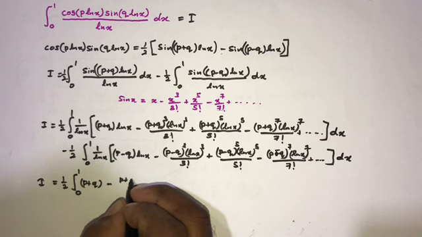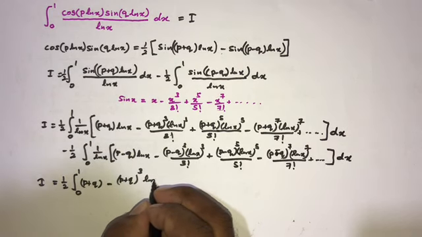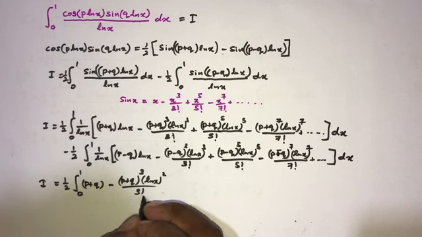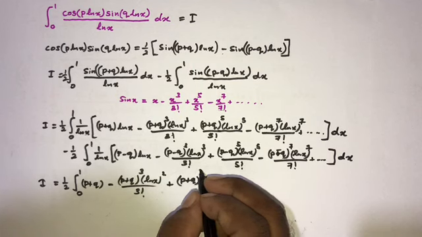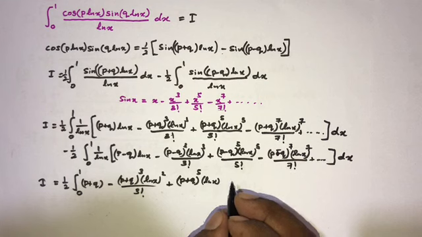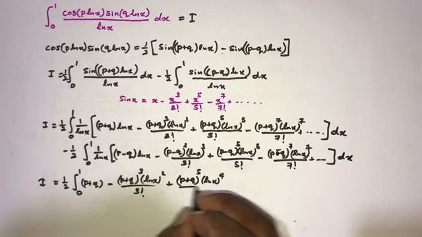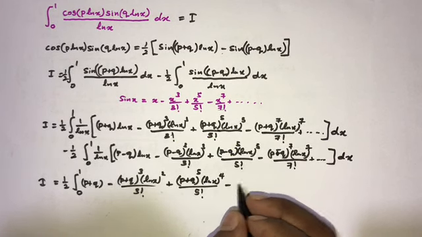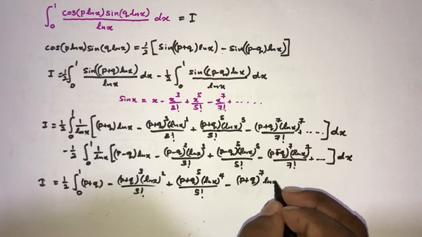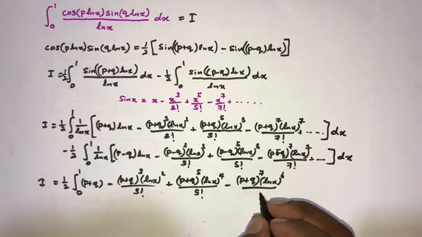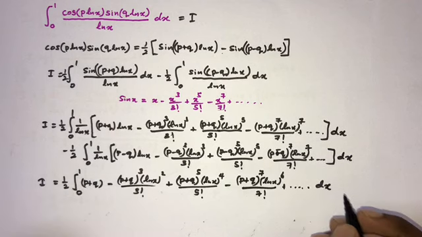Then p plus q to the 3rd power, this natural log of x gets cancelled, so natural log of x squared over 3 factorial, then plus (p plus q) to the 5th power natural log of x to the 4th power over 5 factorial, minus (p plus q) to the 7th power natural log of x to the 6th power over 7 factorial plus so on, and here dx.